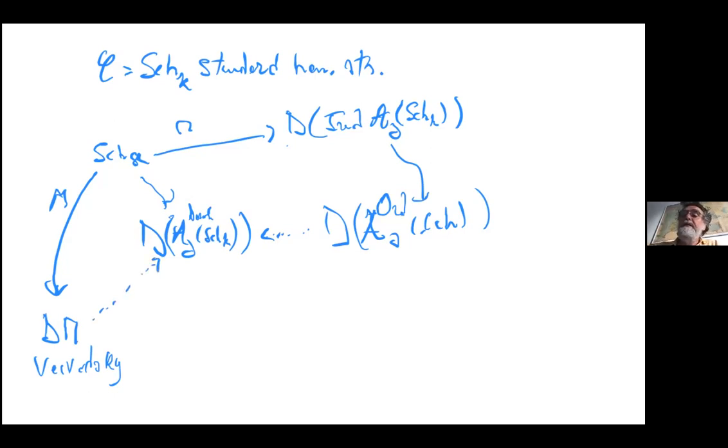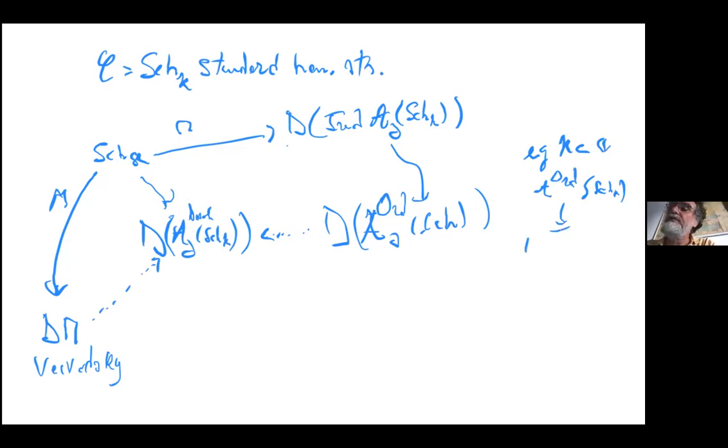Okay, for example, if K is in C, we have A ord of schemes over K, which goes over by definition in some sense.